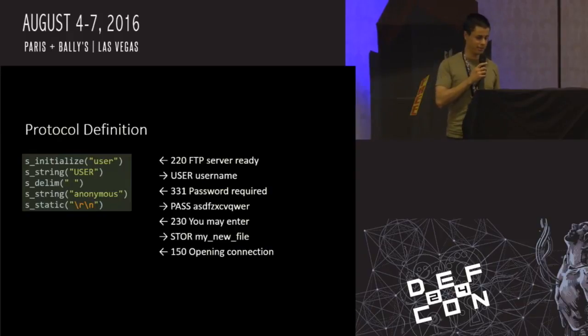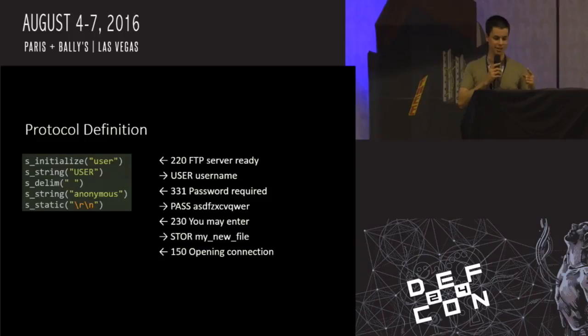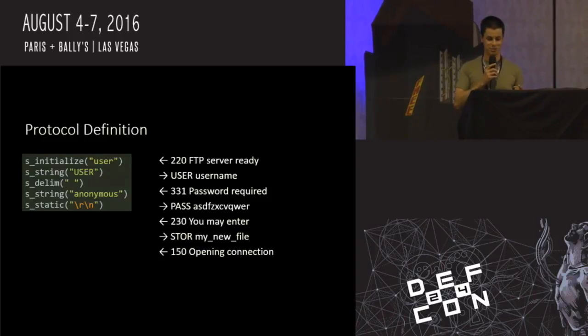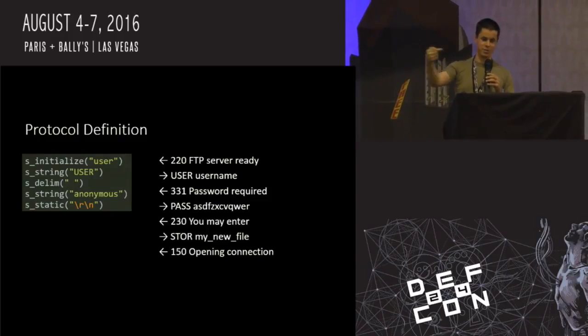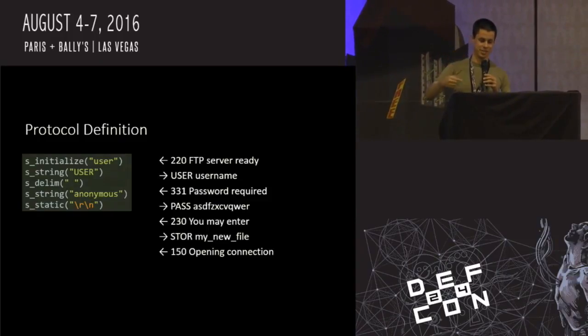So then we go into the protocol definition. On the right-hand side, there's a back and forth diagram of an FTP session, so it's pretty simple. Moving to the left, there's the code. It starts out with the server saying it's ready. Then the client says, this is my username. And it says, OK. And then it says, this is my password. The server says, OK.